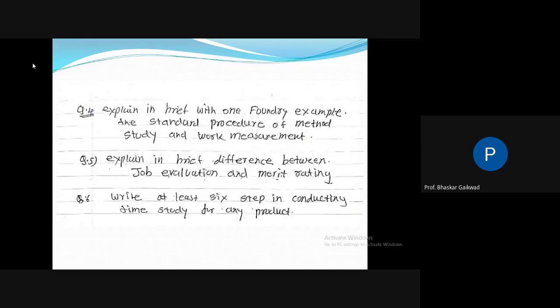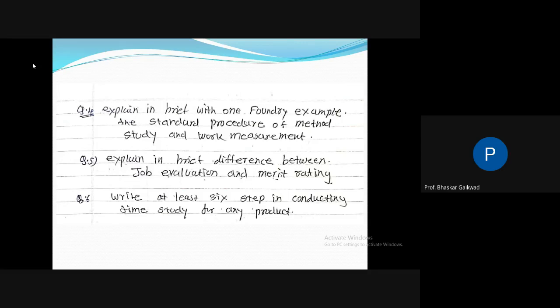Then in this assignment, question number 4 is there. Explain in brief with one foundry example the standard procedure of method study and work measurement. Method study is related to the method of manufacturing, and work measurement is related to time, to decide the standard time. If you observe, the procedures are the same.